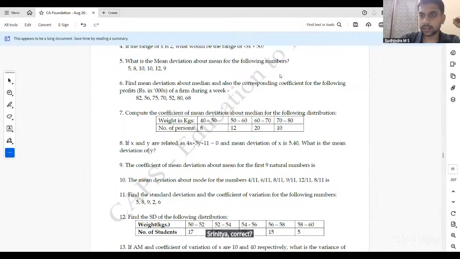Ashika, correct. Dhanya Hegde, correct. No Shreya. Shreya, but you have to recheck. Sri Rama, correct.